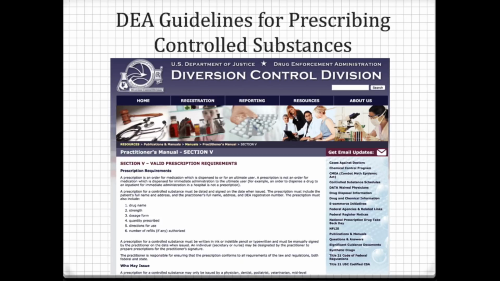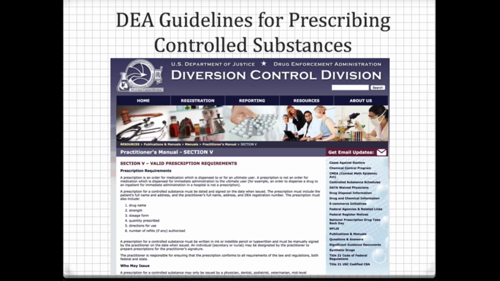In terms of a prescription for a controlled substance, there are some important differences from non-controlled substances. There are restrictions on how the prescription is submitted, how much of the medication can be dispensed, and number of refills allowed. The DEA website provides access to a practitioner's manual that outlines these details.